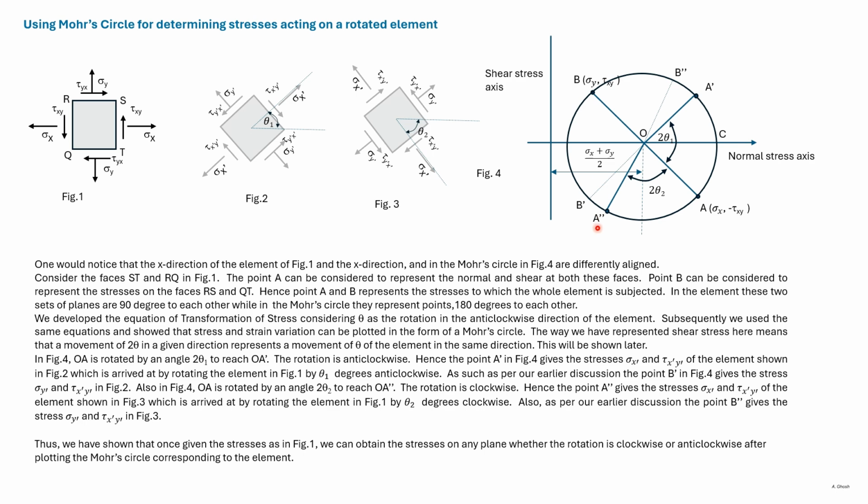We can extend A double dash O to O B double dash. Then B double dash will give the stresses on this face of the element. So whether we rotate the element counterclockwise or clockwise, we can use the Mohr circle to find the stresses acting on the element.